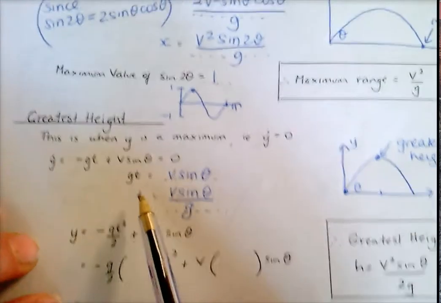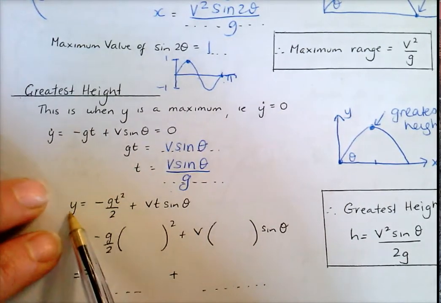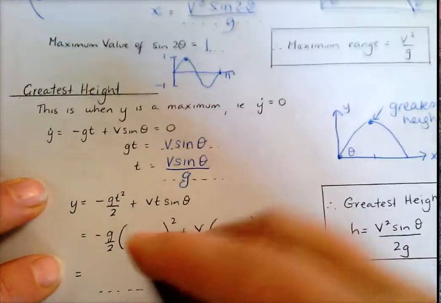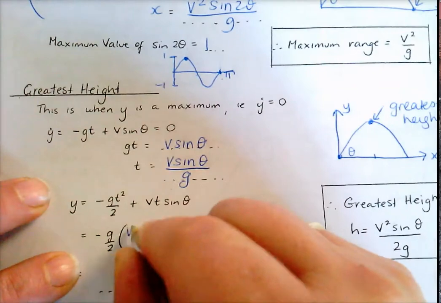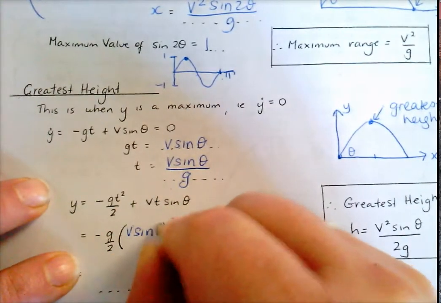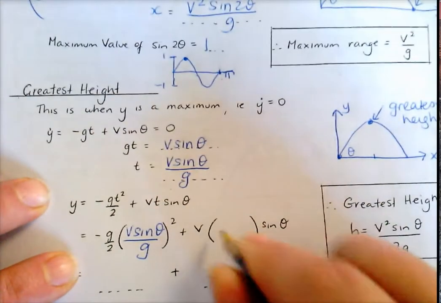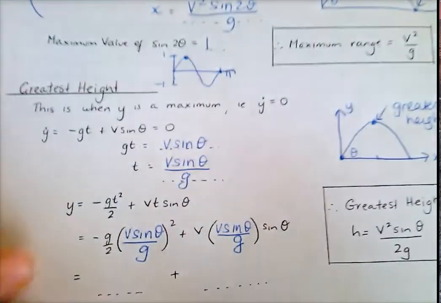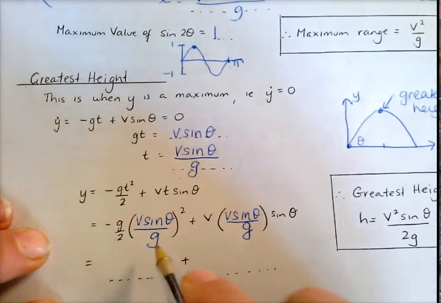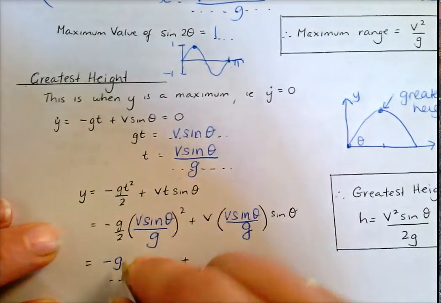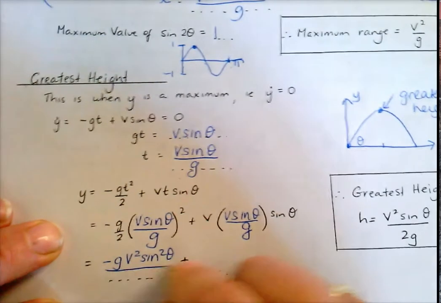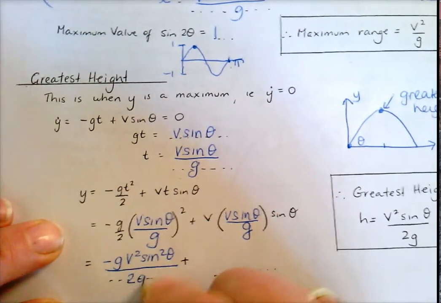So we substitute this t into your equation for y. Now our equation for y is negative gt squared on 2 plus vt sine theta. So we get negative g on 2 times v sine theta on g, squared, plus v times v sine theta on g. So we get negative g v squared sine squared theta over 2g squared.